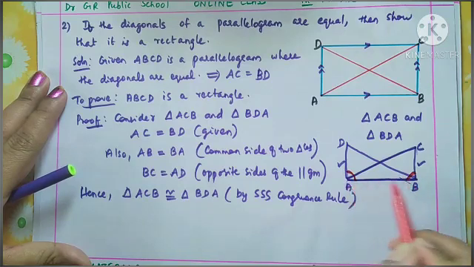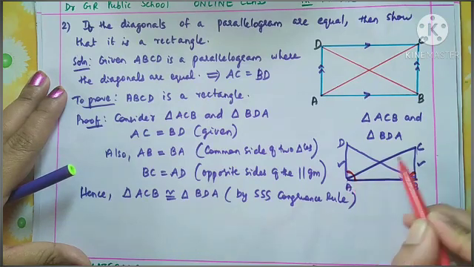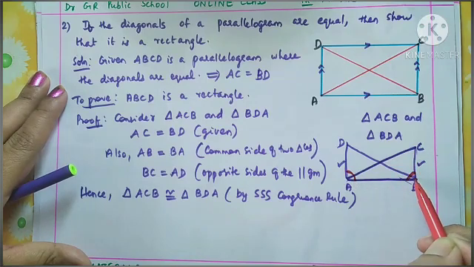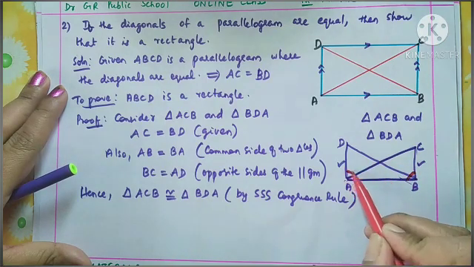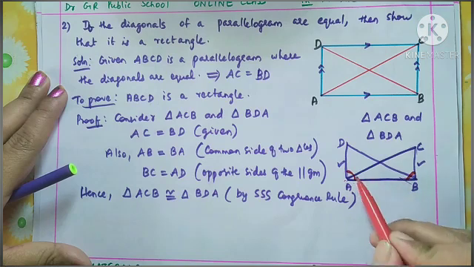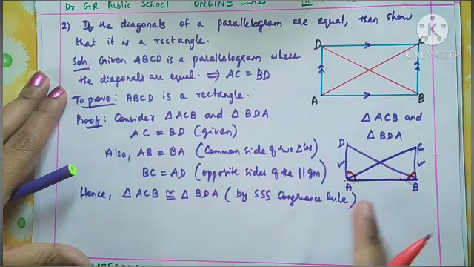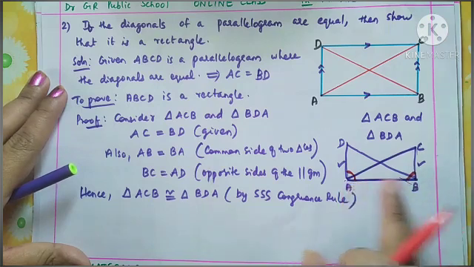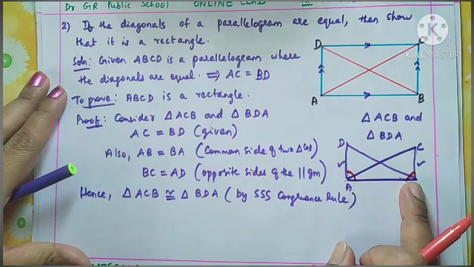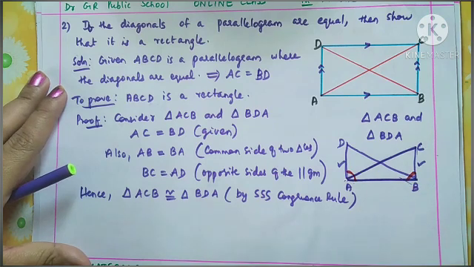They are corresponding parts of congruent triangles, correct? So in this triangle I take angle B and in this triangle I take angle A. So when these two triangles are congruent, we proved now. Therefore these two angles, they are equal by CPCT. Okay.